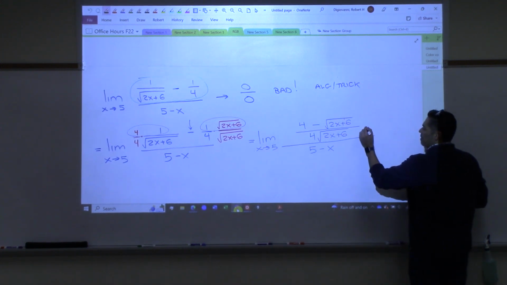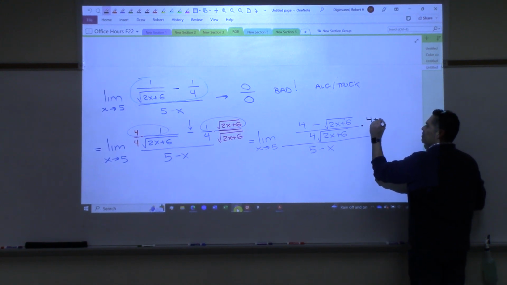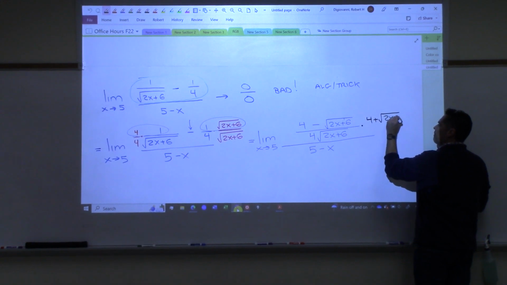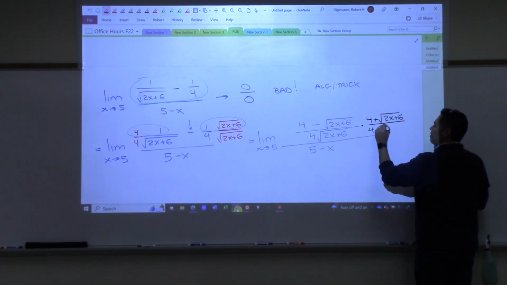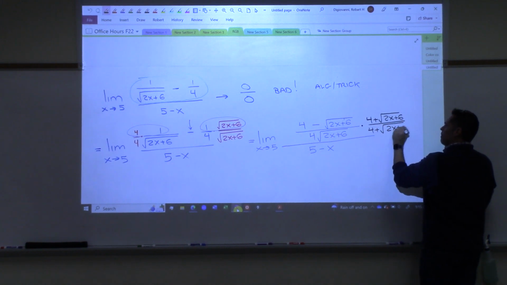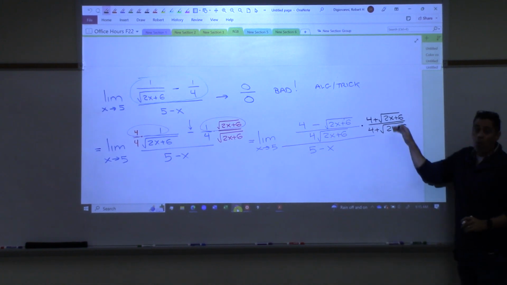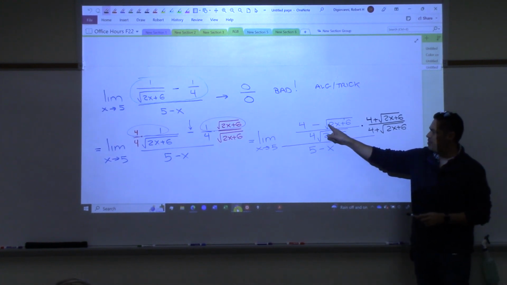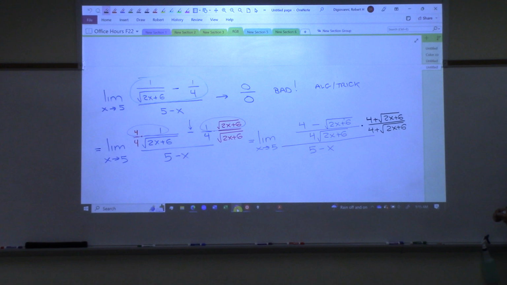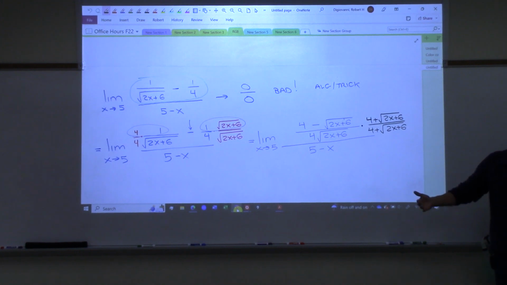When I multiply by the conjugate, because I have a fraction here, watch what I do. I'm going to go 4 plus that root. And then over here, 4 plus that root again. So I'm multiplying by 1 again, but the 1 I'm using is the conjugate of this top piece. Why am I doing the conjugate? Because I've been told that the conjugate usually helps with this, so I'm trying it.